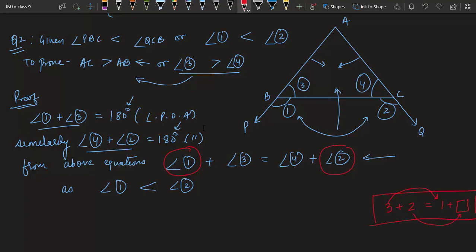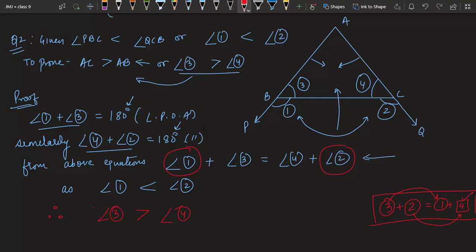It should be how much? 3 plus 2 is 5 and this is 4. So you can say if two relations are equal, the 3 was more than 1, so this 4 should be more than 2. We can say from here, therefore, as angle 1 is less than angle 2, therefore angle 3 must be more than angle 4.